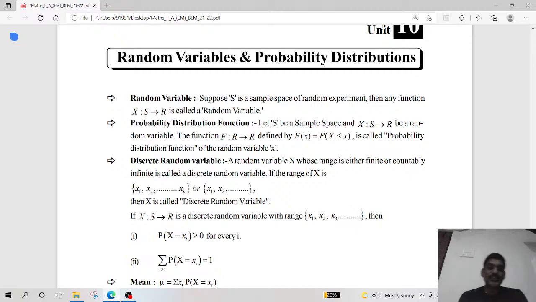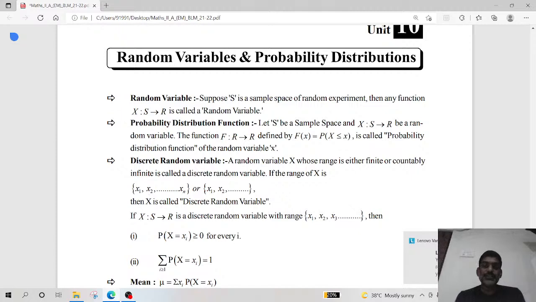Probability distribution function. Let S be a sample space and X from S to R be a random variable. The function f from R to R denoted by f of x is equal to P of X less than or equal to x, is called the probability distribution function of the random variable X. Understood this one?